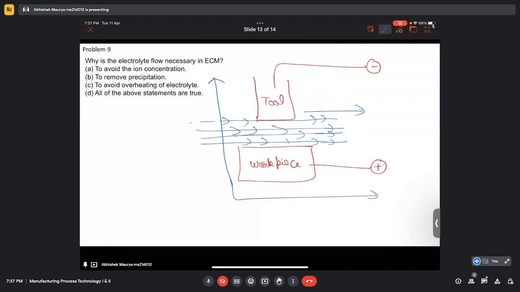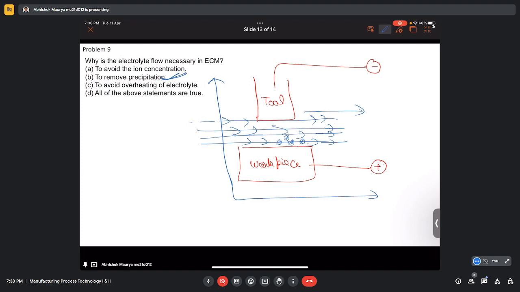The atoms of the workpiece are reacting with the ions of the electrolyte, and they are forming some precipitates. So one task of this flow is to wash away whatever precipitates are forming. Okay, so that is option B, to remove precipitates.